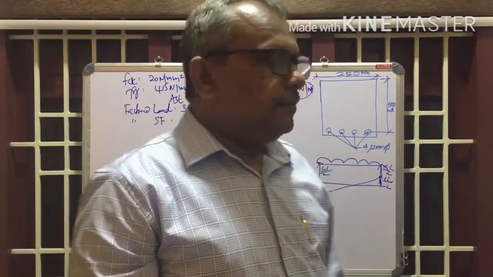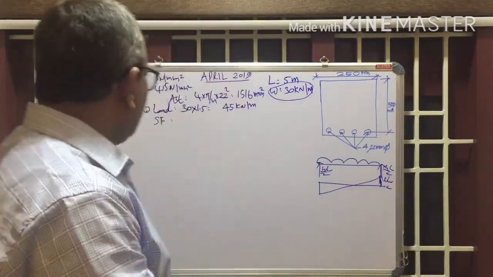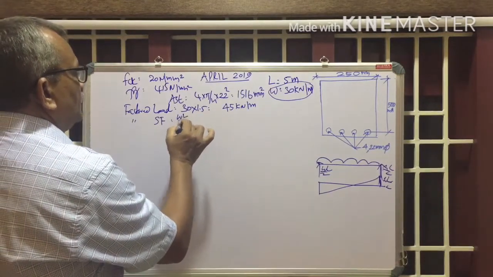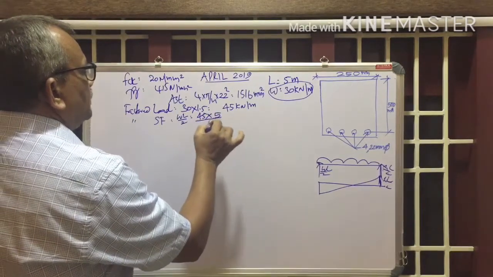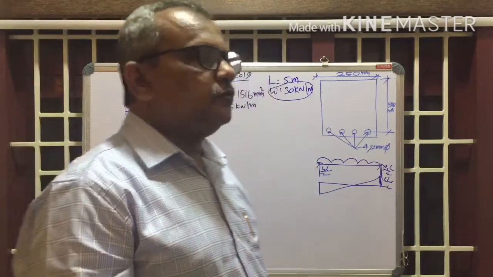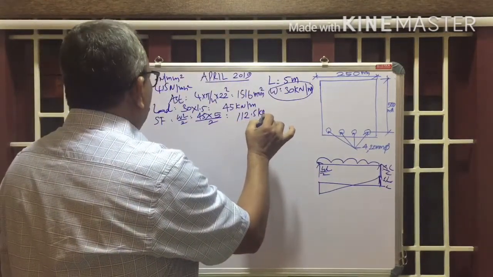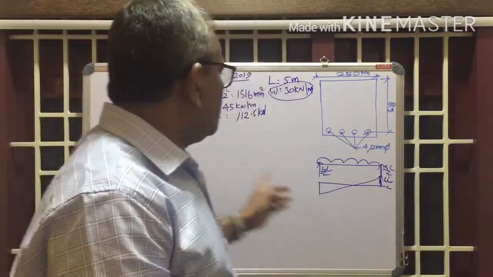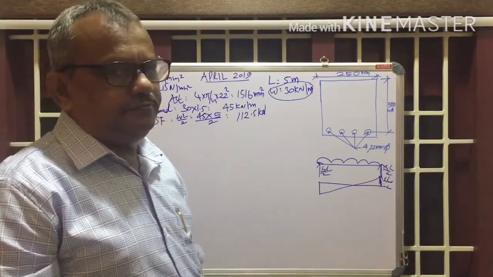So the maximum shear at the two supports will be equal to WL by 2. The factored shear force is equal to WL by 2 equals 45 into 5 divided by 2. The maximum or factored shear force is equal to 112.5 kilonewton.